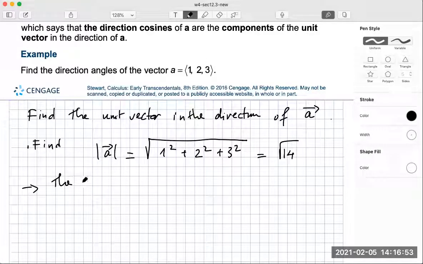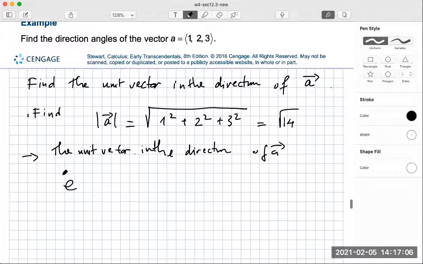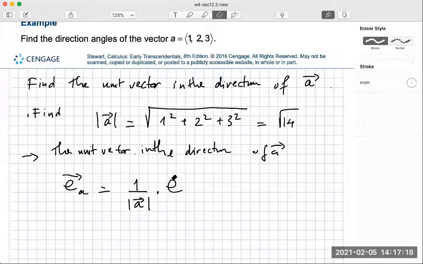Therefore, the unit vector in the direction of A, let us call it EA here, right? It will be 1 over the magnitude of A times the vector A here, right?